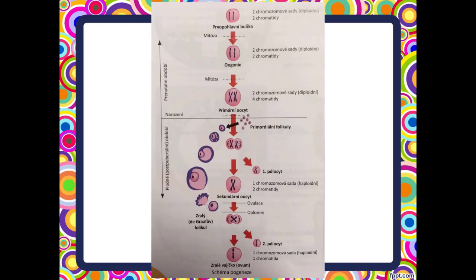So between these two moments, the menarche is about 12-13 years, and the menopause comes between 55, 60, maybe. It's individual. So it's pretty long time for the primary oocyte to stay in the prophase and wait in the primordial follicles.